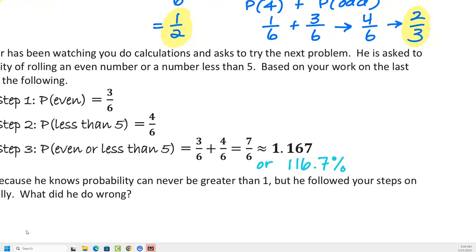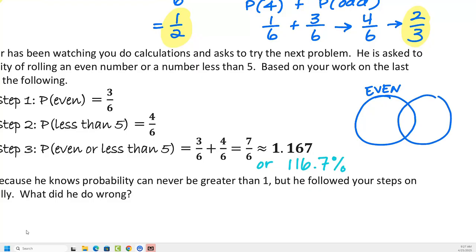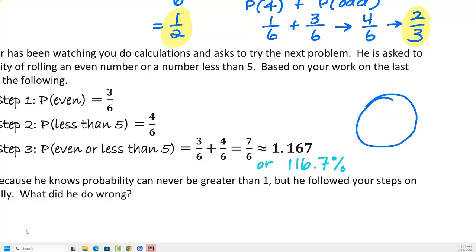Well, let's take a look over here. This is going to be for an even number, right? And then this one, let's do this here actually. Let me draw a nice circle.